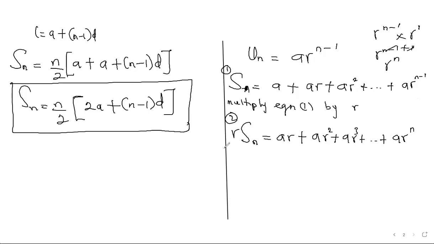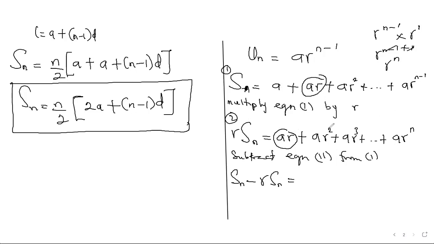If I subtract equation 2 from 1, then I'll have Sn minus R Sn equals, so if I subtract 2 from 1, then this AR, we cancel this AR. This AR squared, we cancel this AR squared.